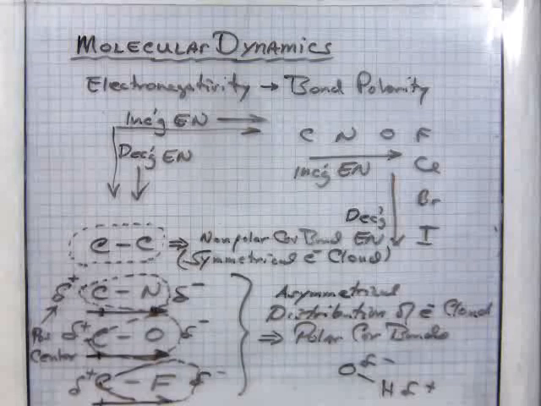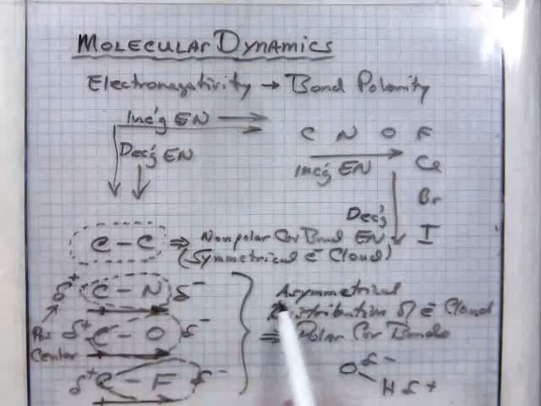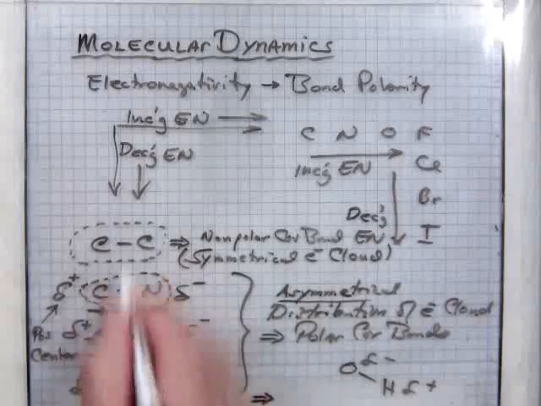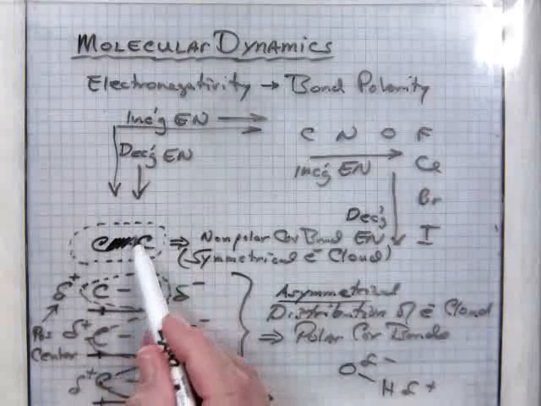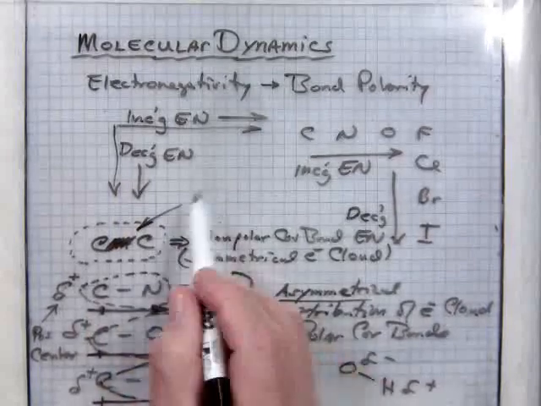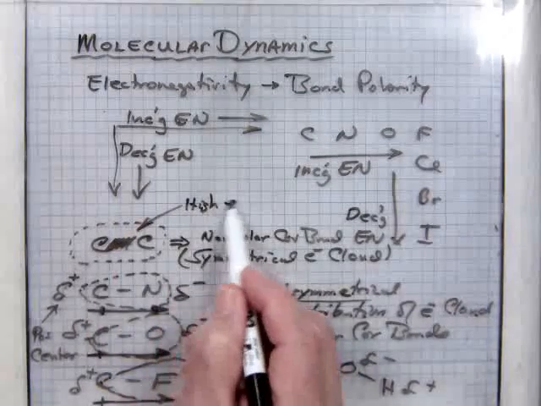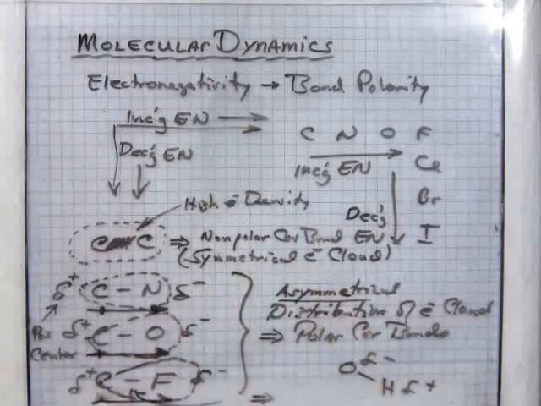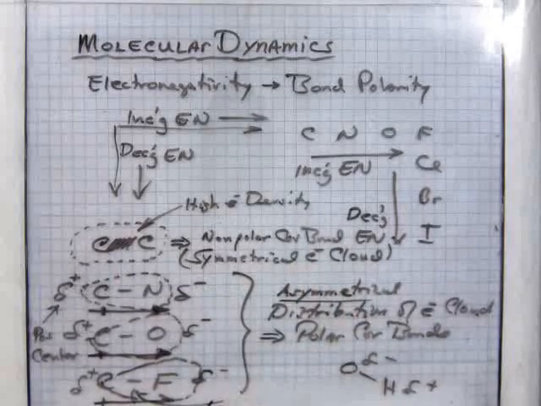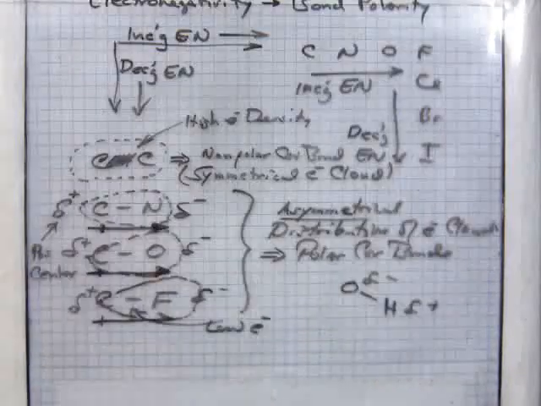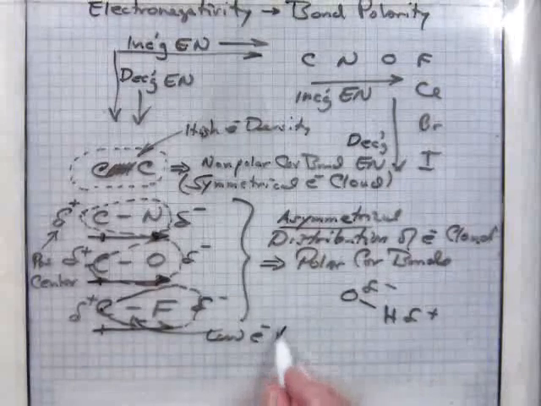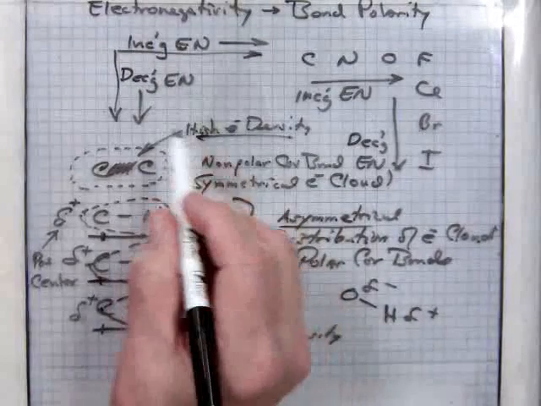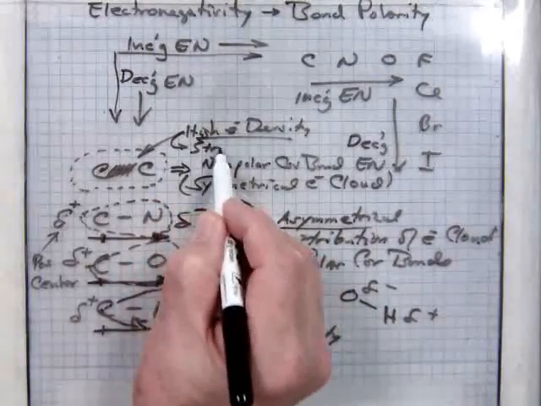Another thing that happens in the asymmetrical distribution is that it functions to weaken the bond. There is a high electron density here in the symmetrical, and then you get down to the carbon-fluorine, which has low electron density. When you get a high electron density, you translate that into a strong bond.